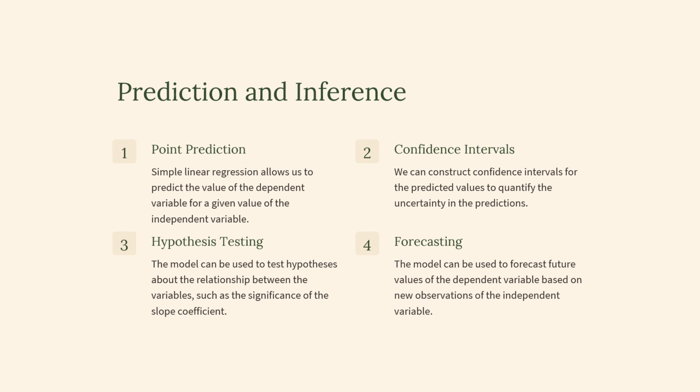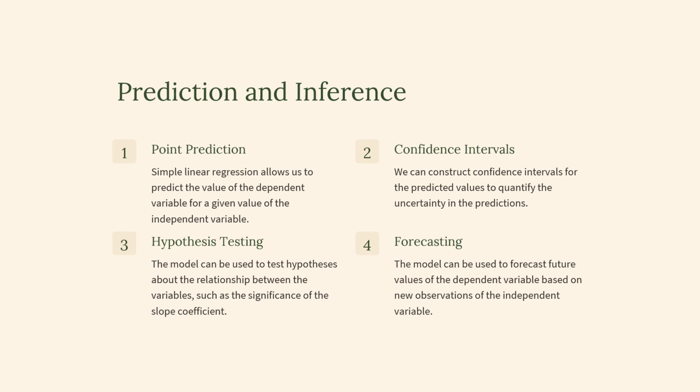Prediction and inference. Number one, prediction. Simple linear regression allows us to predict the value of the dependent variable for a given value of the independent variable. Number two, confidence intervals. We can construct confidence intervals for the predicted values to quantify the uncertainty in the predictions.